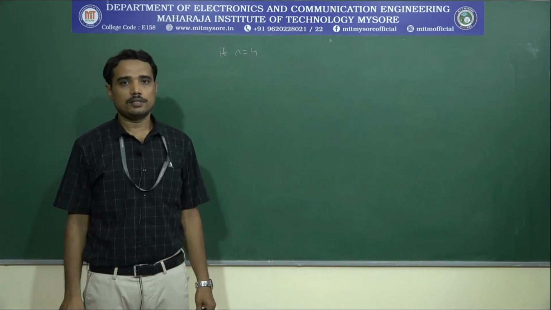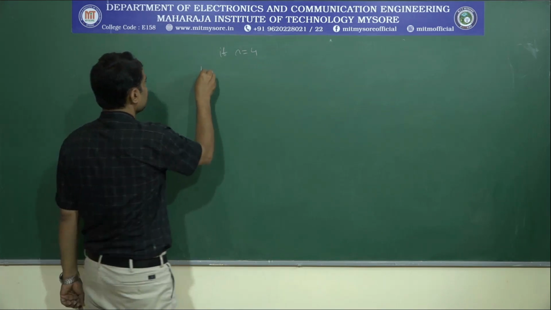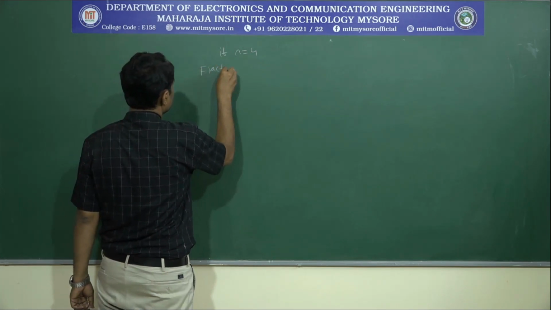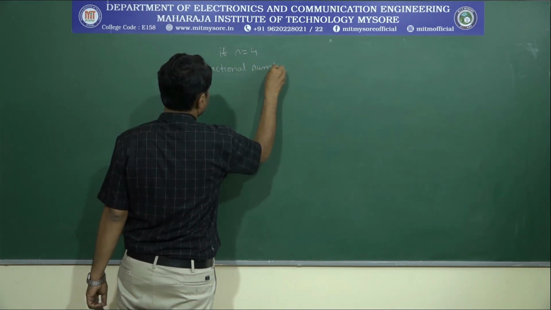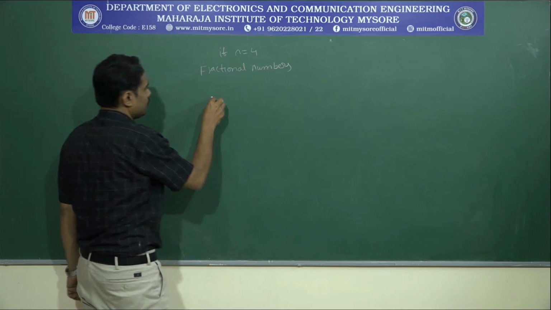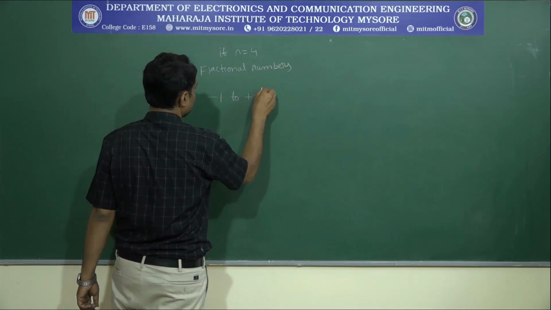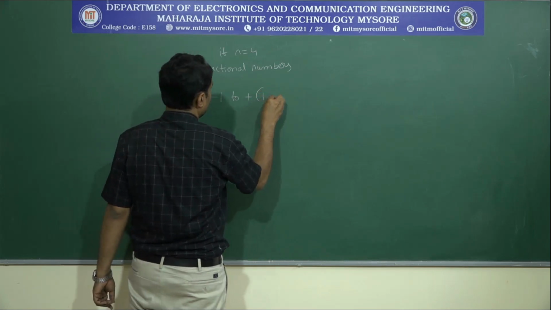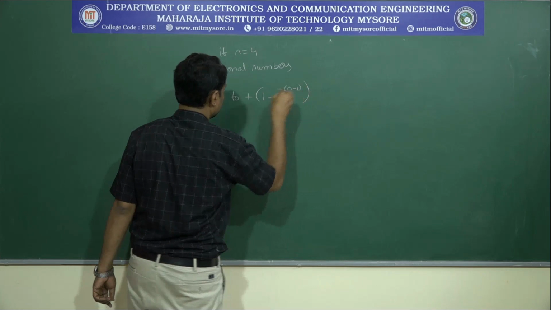Now let us see the case of fractional numbers with n equal to 4. Range of numbers that can be represented in case of fractional. We know that the range is minus 1 to plus 1 minus 2 power minus n minus 1.